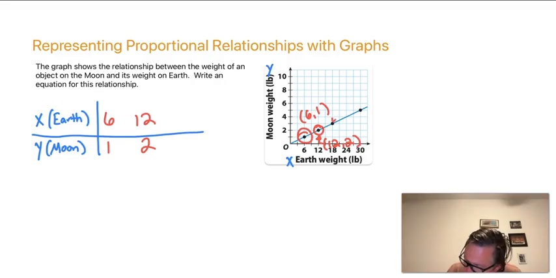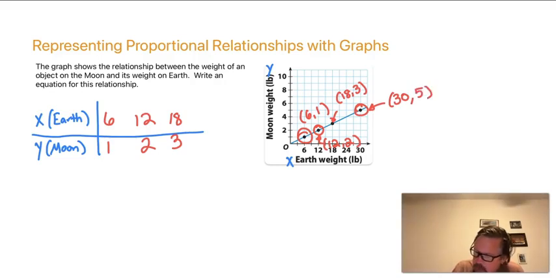This point right here looks like it is 18, 3. So 18 pounds on Earth, 3 pounds on the moon. And then this last point here is 30, 5. So 30 pounds on Earth, 5 pounds on the moon.